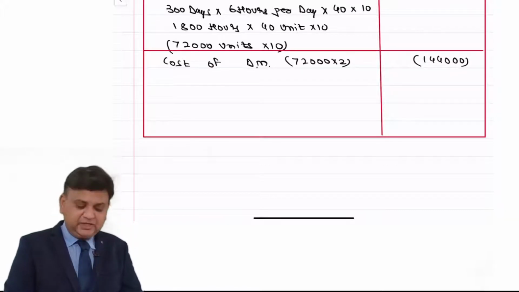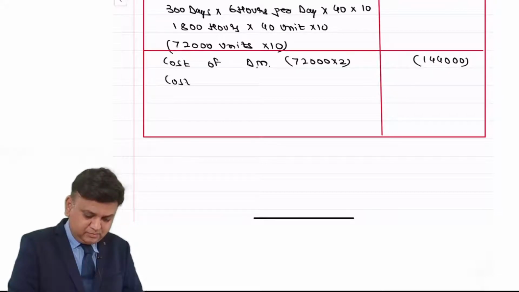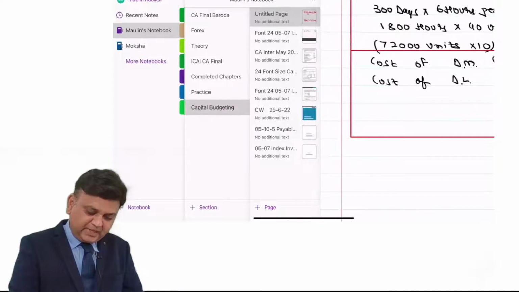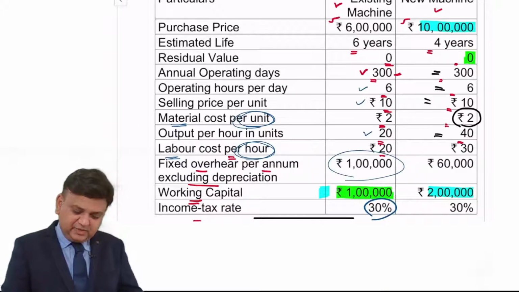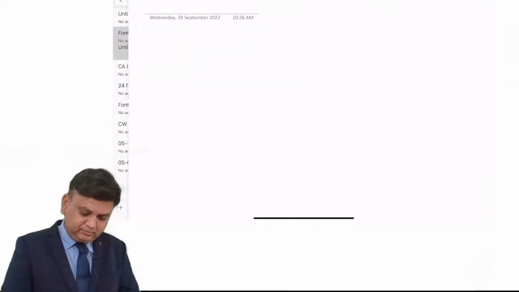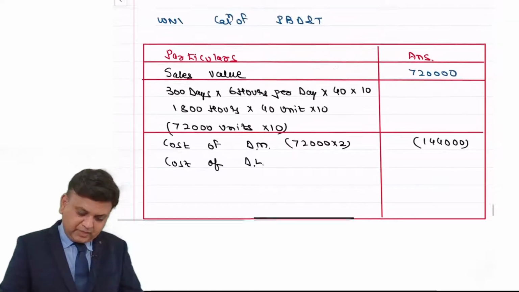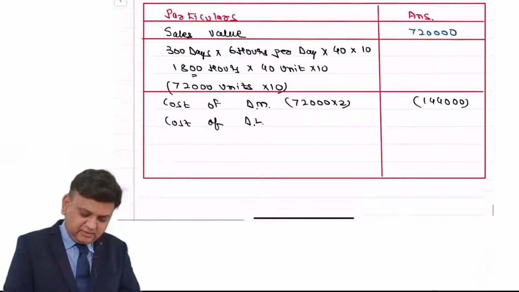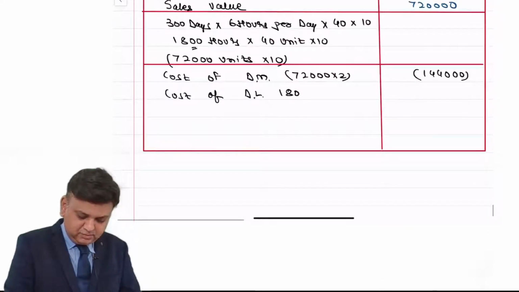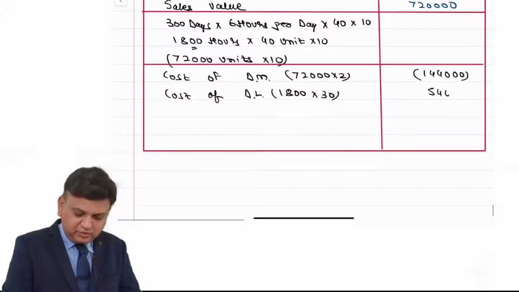Next is cost of direct labor. It has been given that the cost of direct labor is 30 rupees per hour. So we understand it is 1800 into 30. That comes to 54,000.